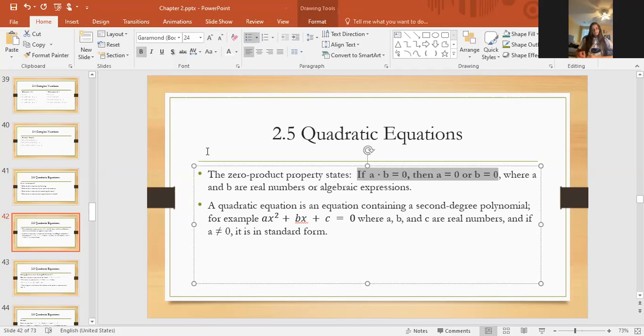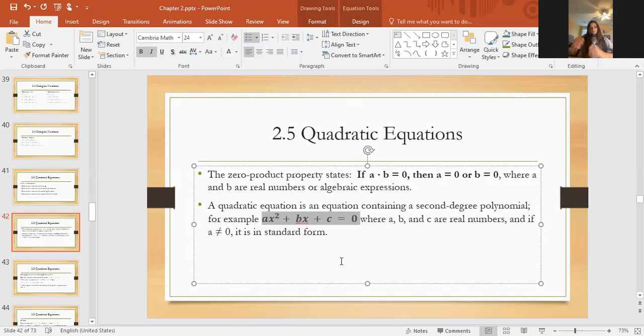So we are going to need that in solving quadratic equations or equations of higher order than 1. A quadratic equation is an equation of this form: ax squared plus bx plus c equals 0. That's what we call a quadratic equation when a is different from 0.